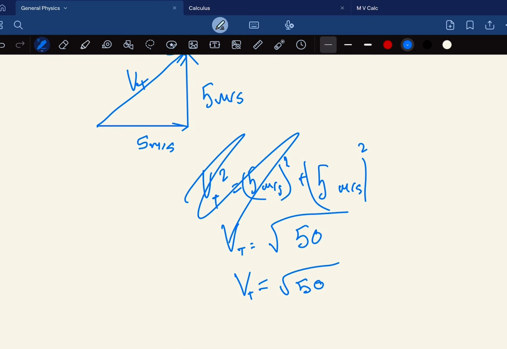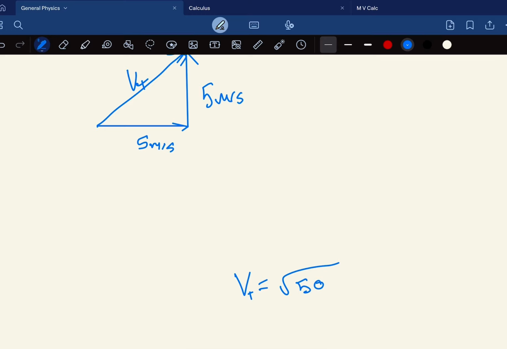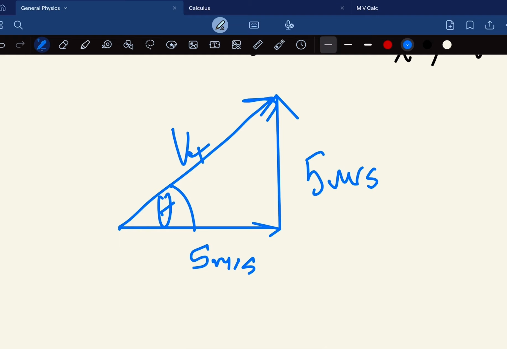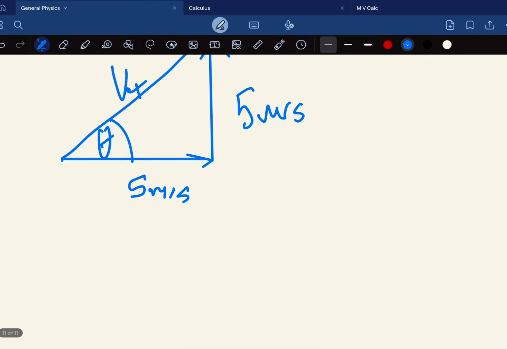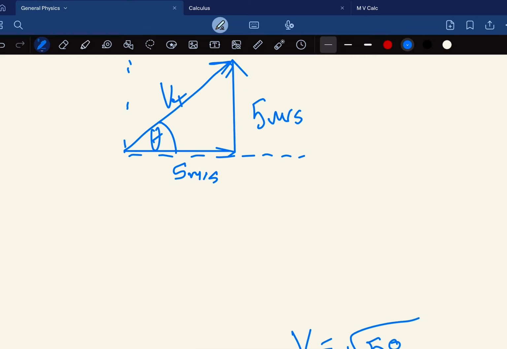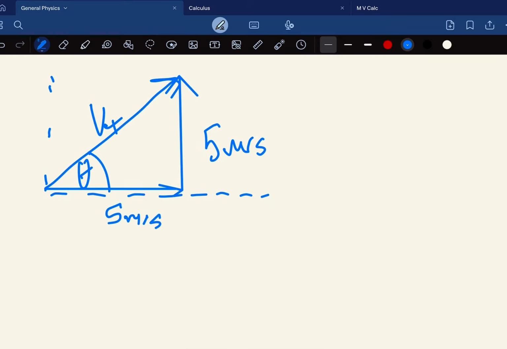Now, let's say that you need to find the angle, this angle right here, that the velocity is going above the horizontal line, assuming due east is an angle of 0 and due north is an angle of 90. So what this means is we need our trigonometry, where let's label this side as opposite.